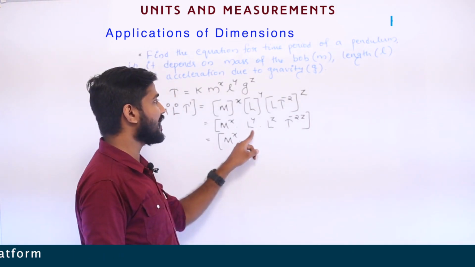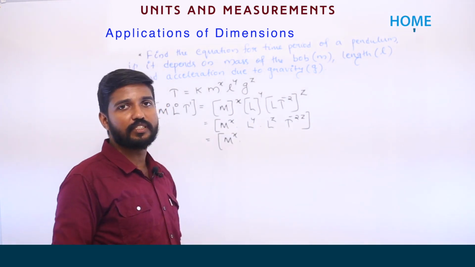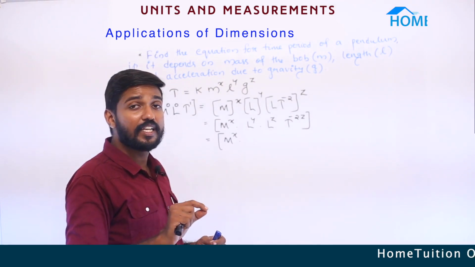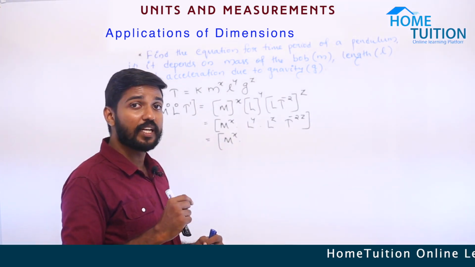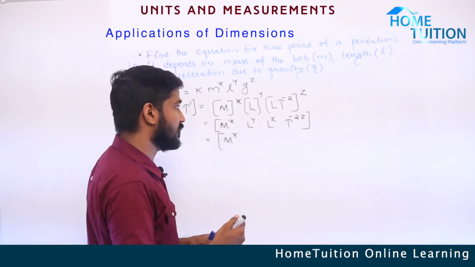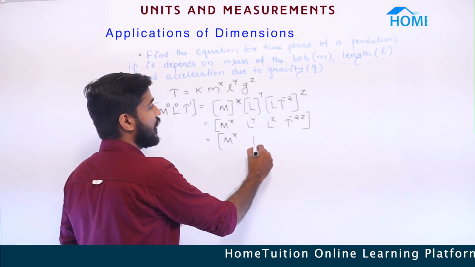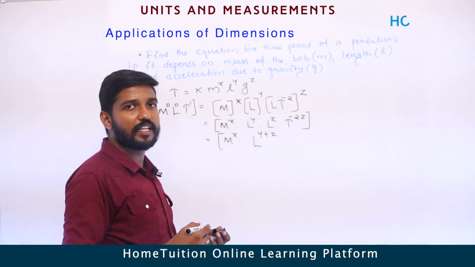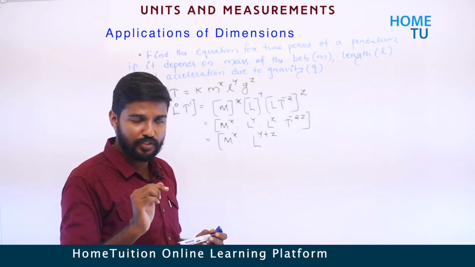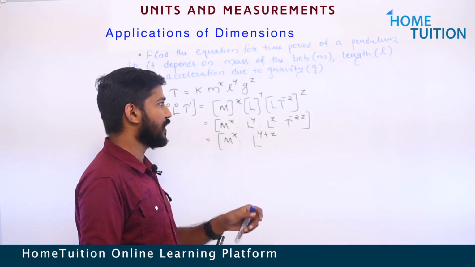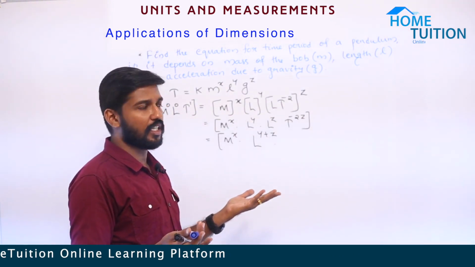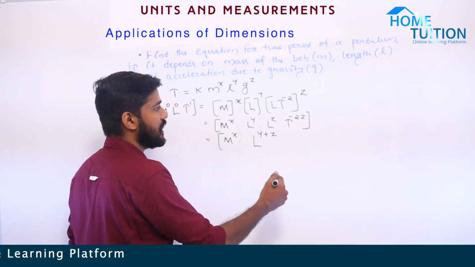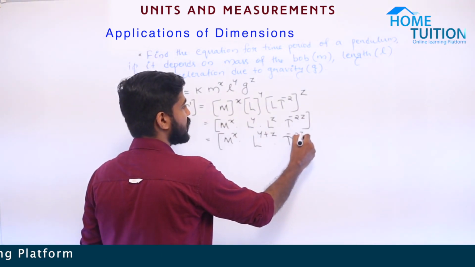That is l raised to y into l raised to z, which is l raised to y plus z. Into, again we have t raised to minus 2z, there are no other t terms. So t raised to minus 2z.